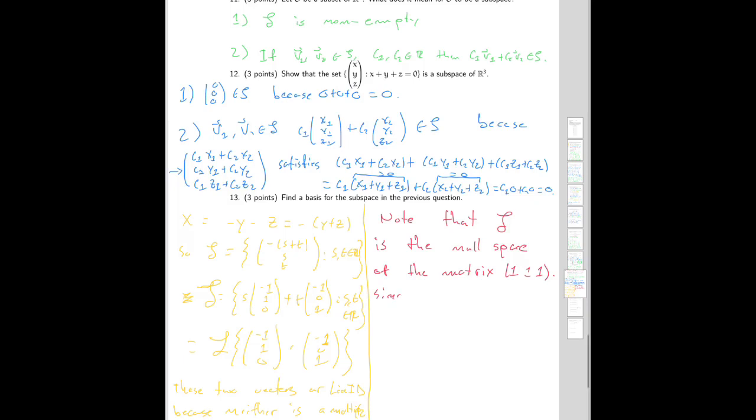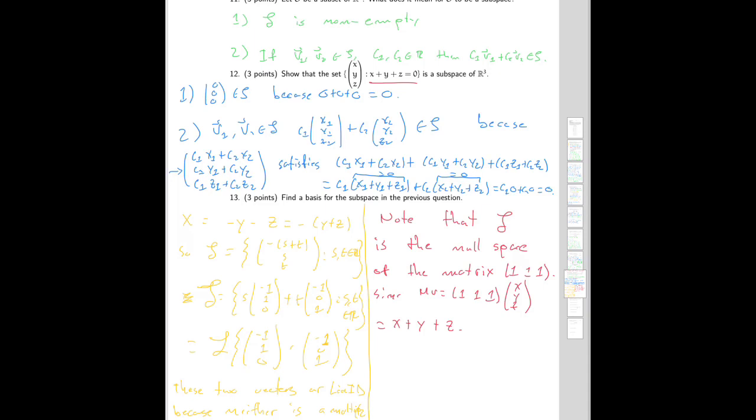Since if this is the matrix M, Mv equals (1, 1, 1) times (x, y, z), and this is equal to x plus y plus z, which is exactly the defining equation there.